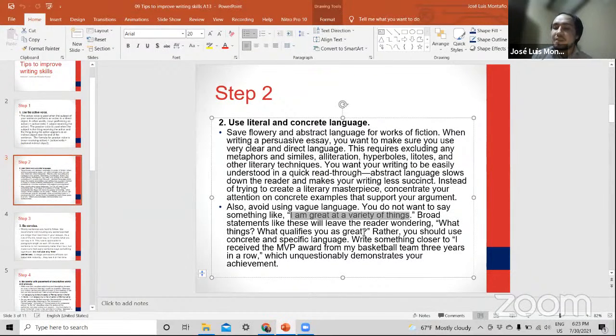So instead of saying that idea, a healthy diet is good because of many reasons, which is vague, you have to be concrete and explicit. You're going to say a healthy diet is good because of this and that. That's the important point over here. And secondly, don't use metaphors. Be concrete. Say what you want to say.